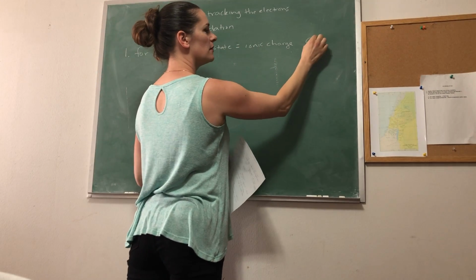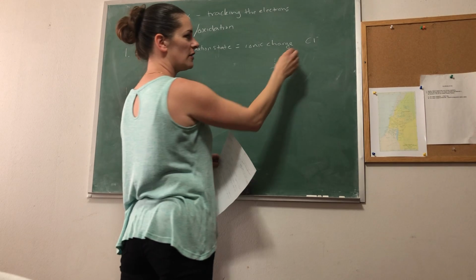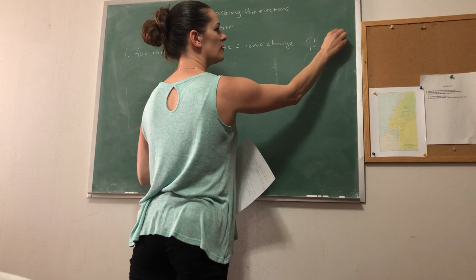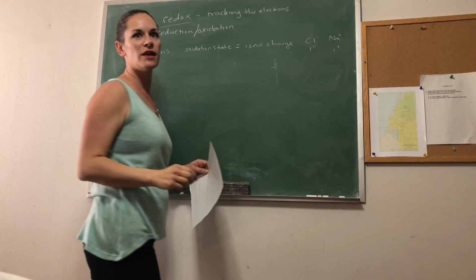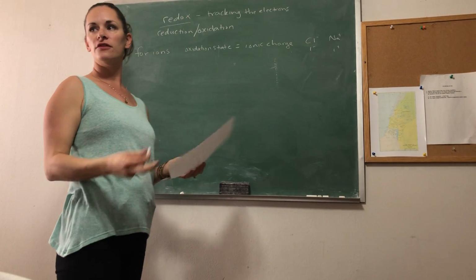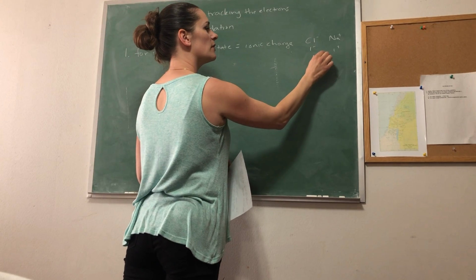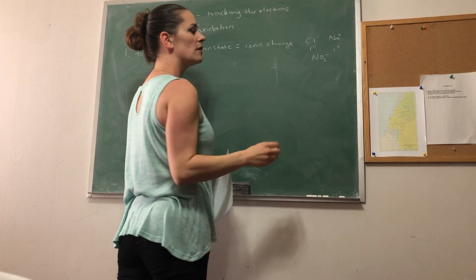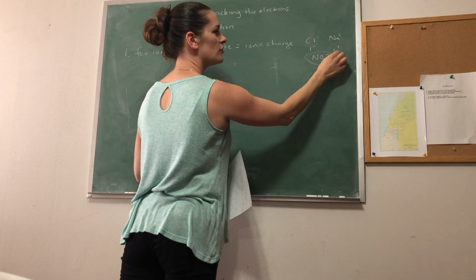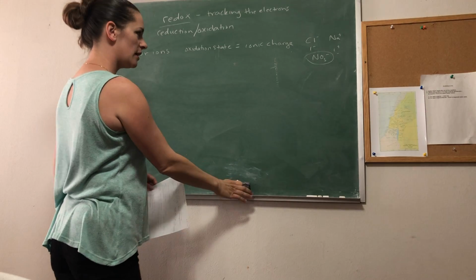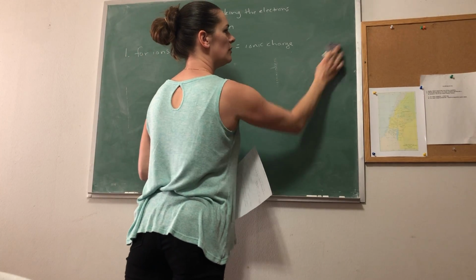So a chlorine ion is going to have an oxidation state of 1-. A sodium ion is going to have an oxidation state of 1+. So whatever ion it is, it's going to have that oxidation state. When it comes to polyatomic ions, like NO3, this whole thing is going to have a charge of -1, and then you can figure out the oxidation states of the individual atoms. We'll get to that in a minute.